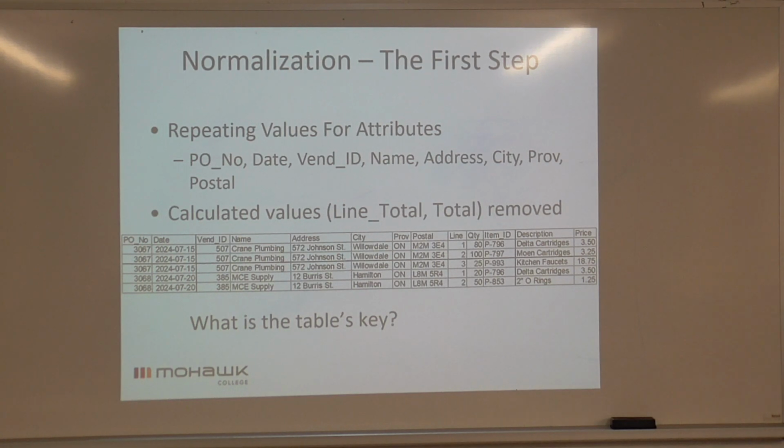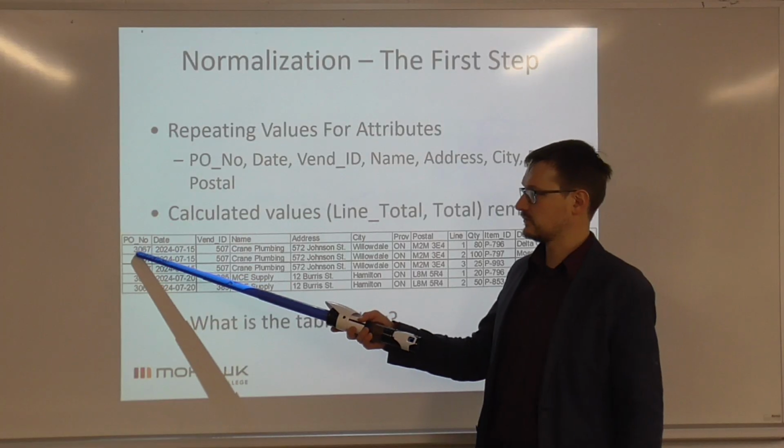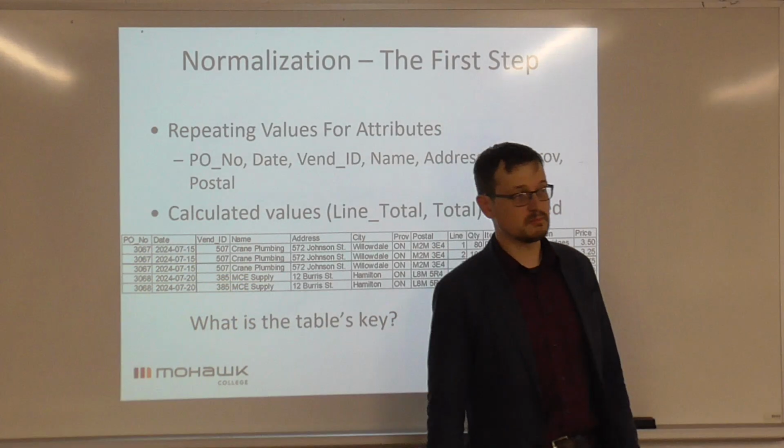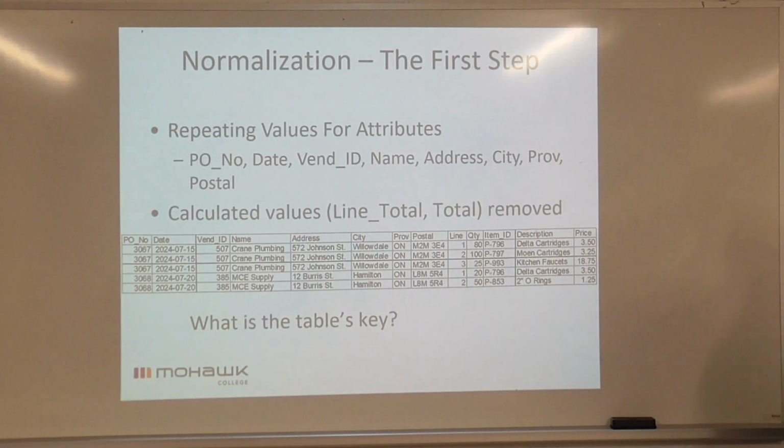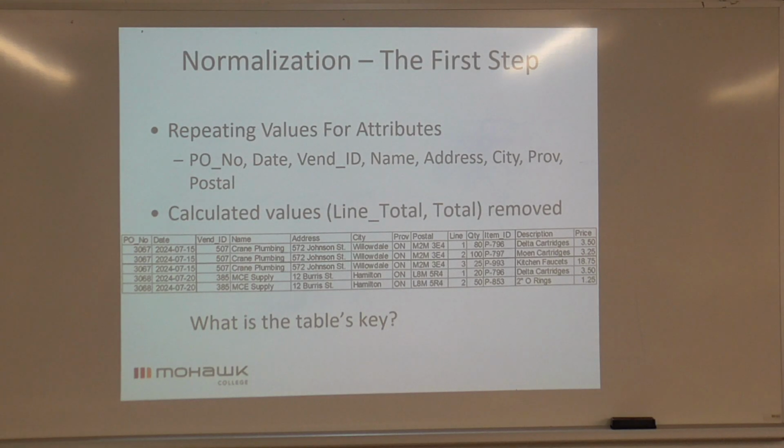PO number repeats, so it's got to be another column, maybe part of a composite key. PO number and line would do it, but I think line is a better one.